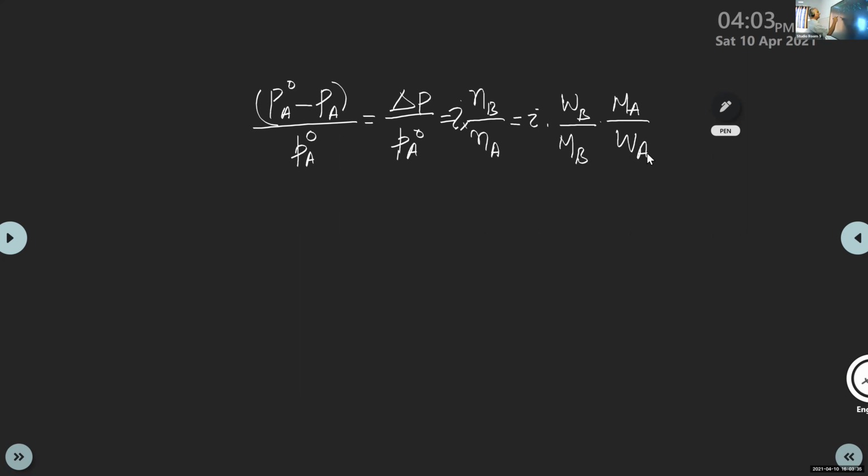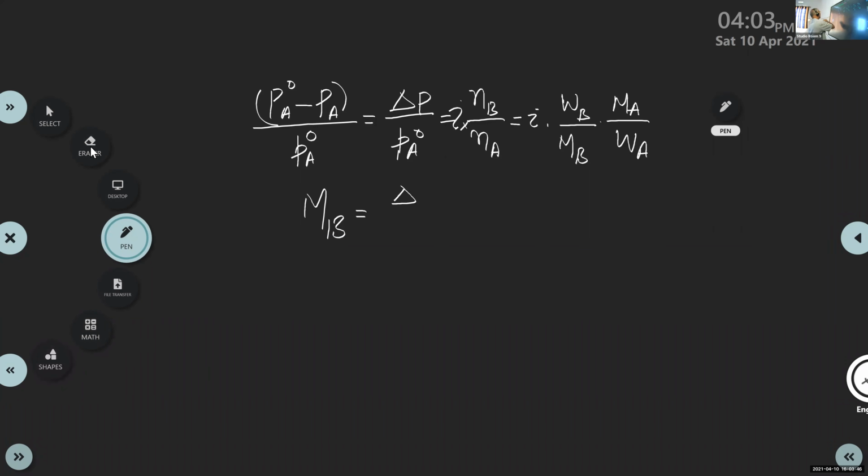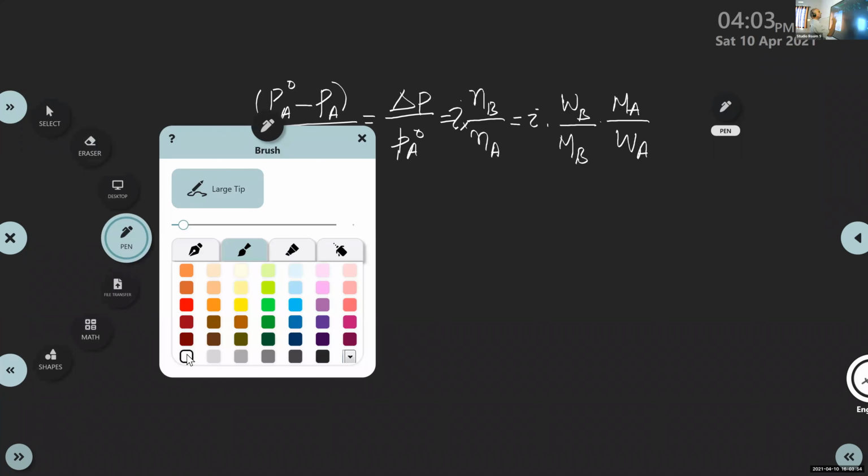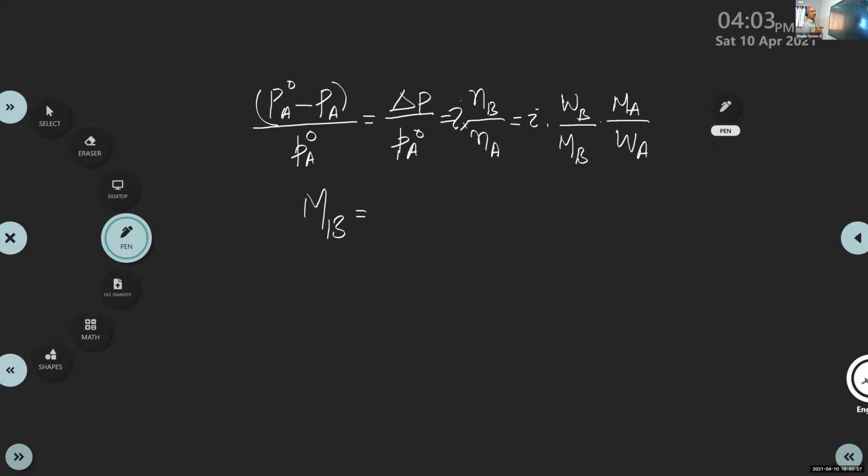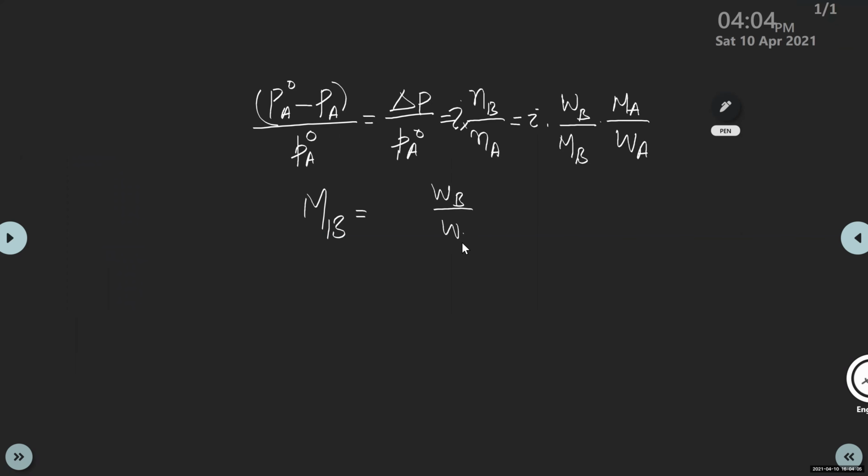Similarly, molecular mass calculation. Do you remember the equation for molecular mass? MB is equal to what? WB by WA into MA by delta P by PA0.